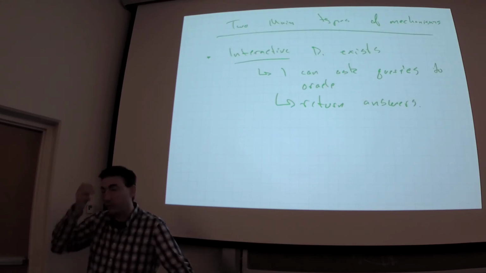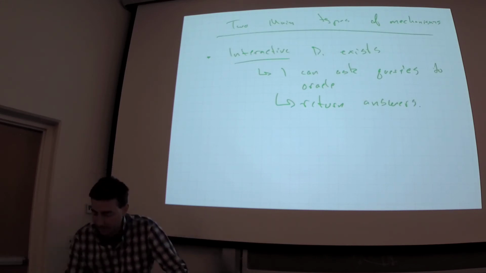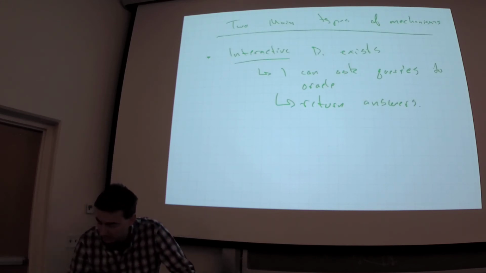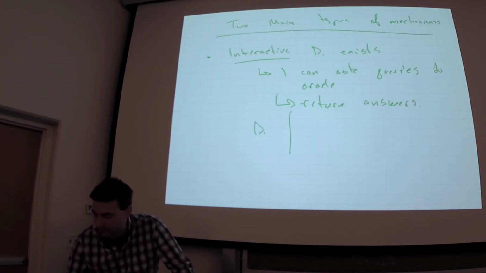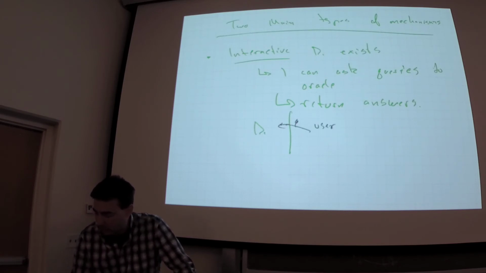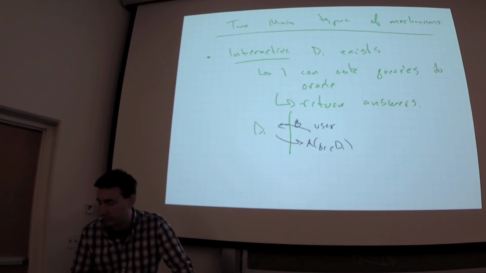So the idea is that there's this data set D1, and there's this firewall, and there's a user out here, and they issue a query, and it returns an answer for the query on this data set D1.